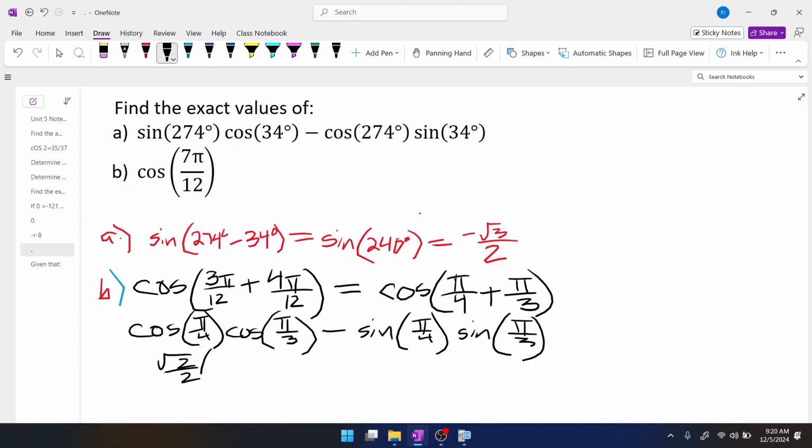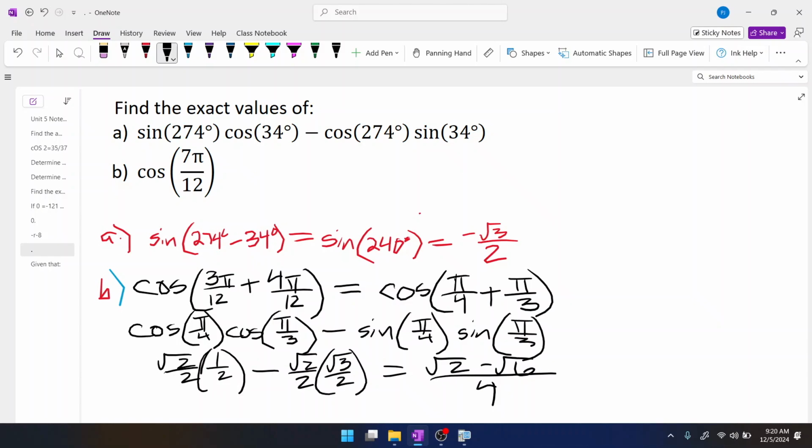Cosine of pi over 3 is 1/2. Sine of pi over 4 is again root 2 over 2. Sine of pi over 3 is root 3 over 2. So it's literally going to be root 2 minus root 6 over 4. Now, cosine of 7 pi over 12 is going to be negative because 7 pi over 12 puts you into the second quadrant. So that's what you'll get for that one.